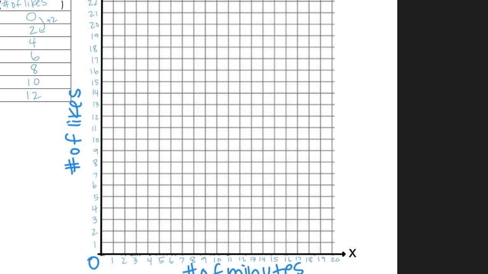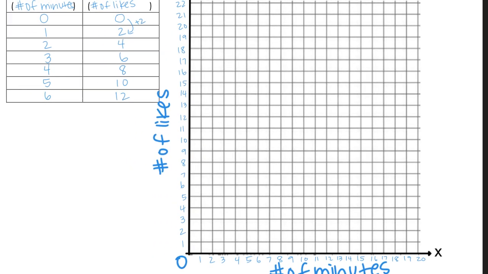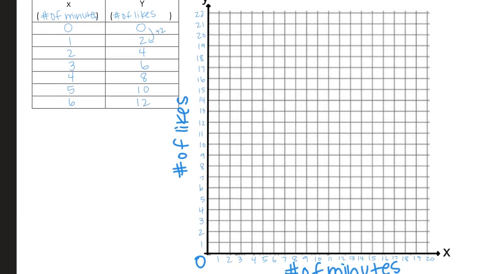I counted by ones. And we're going to plot some points. So let's look at our table. At 0 minutes, we were at 0 likes, so 0, 0, we have a point. At 1 minute, we were at 2. At 2 minutes, we were at 4. At 3, we were at 6.